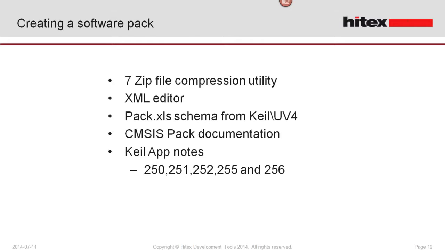We also need some form of XML editor, so something like Notepad++ or something like that. Within the toolchain there's also a schema for the pack, and there's pack documentation and a number of app notes that are also available on the Keil website.